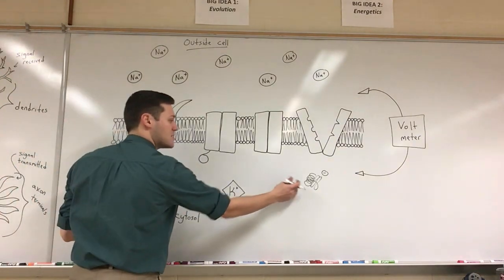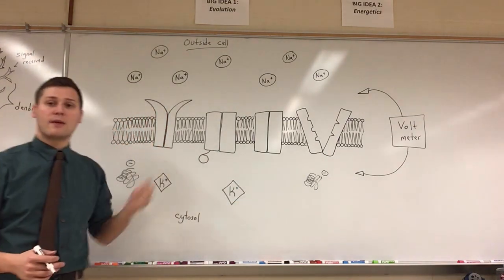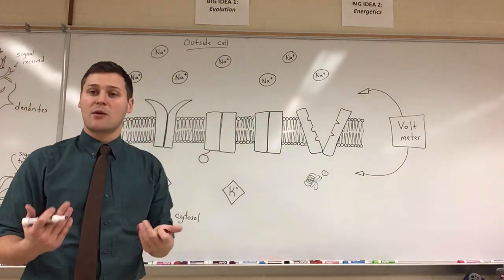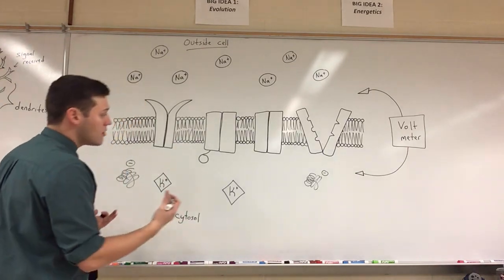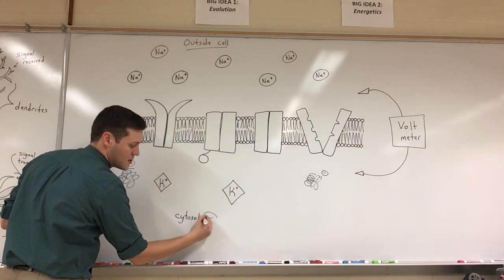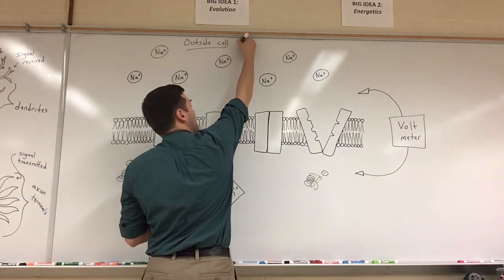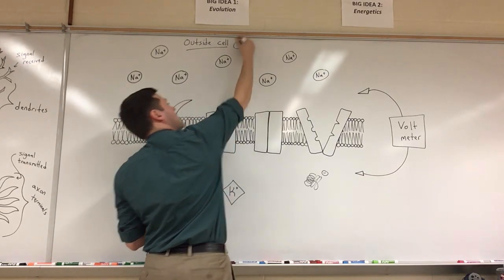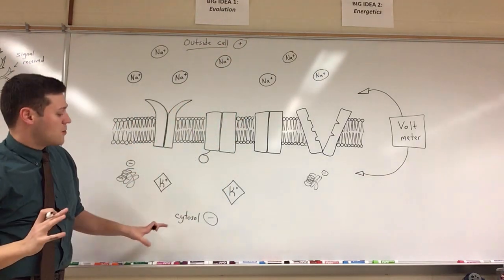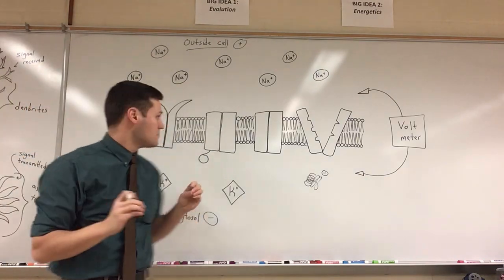And we also have some proteins that are just kind of floating around in the cytosol. They typically carry a negative charge. So all in all, the inside of the membrane is more negative. So the cytosol is more negative than the outside of the cell, the extracellular matrix.